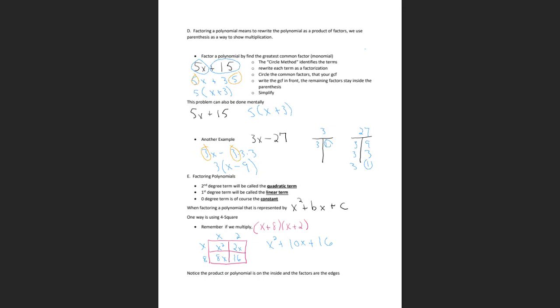So notice how if we have this, we're going to have this quadratic term, this linear term, and this constant. Notice they're going to be on the inside of the rectangle of foursquare. What we're going to be looking for is the factorization, which is going to be the edges. So again, the product of the polynomial is going to be on the inside, and the factors are the edges. So that's what we have to pay attention to as we move forward.